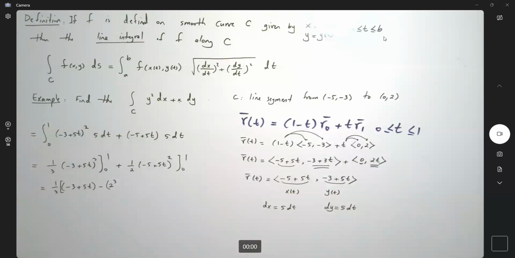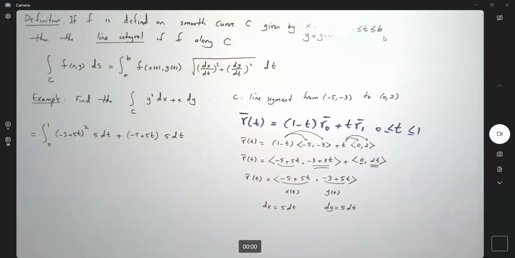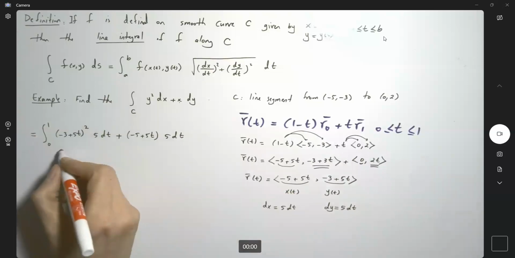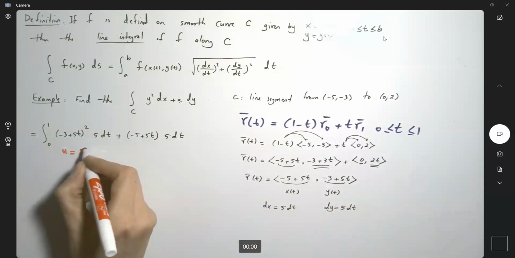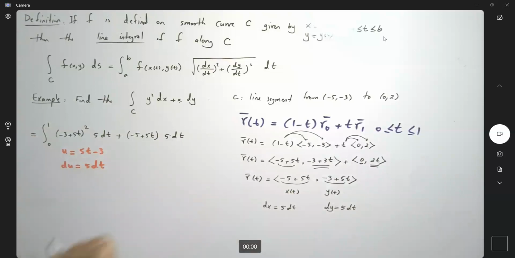Here, let me show you. You can say that my u is equal to 5t minus 3, du is 5 dt.